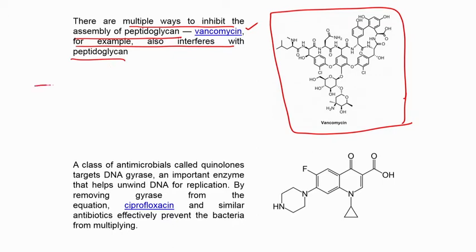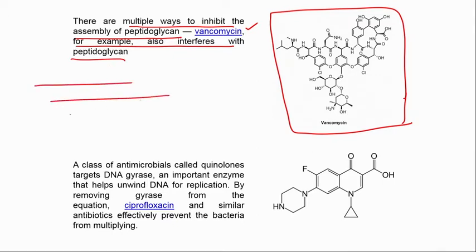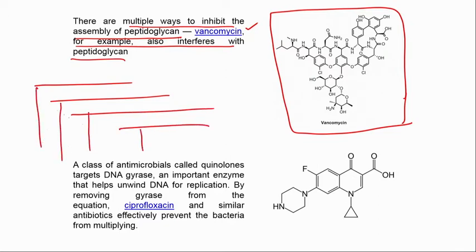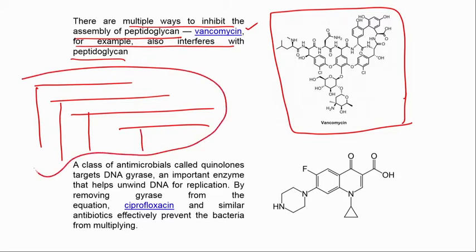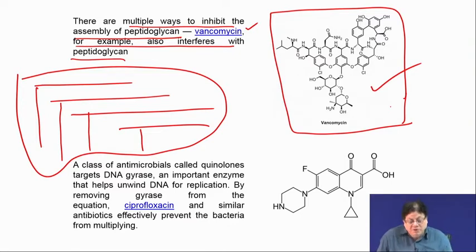Assembly means, you have the glycans like this, and then you have these peptides hanging from this. Okay. So, that assembly has to be perfectly positioned, and that is inhibited by vancomycin. It is a big molecule, but again it is an antibiotic produced by a microorganism.